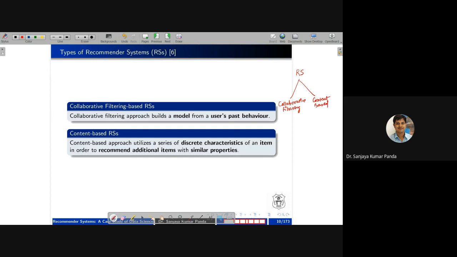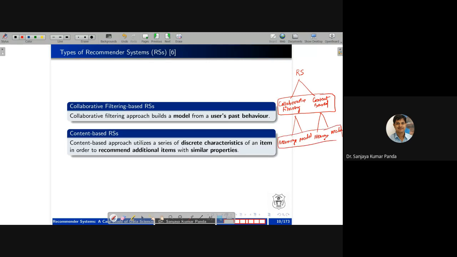Later, we will see a further categorization of both, called memory based system and model based system. But first we will focus on these two. Once you are comfortable with them, then we will focus on these four types.